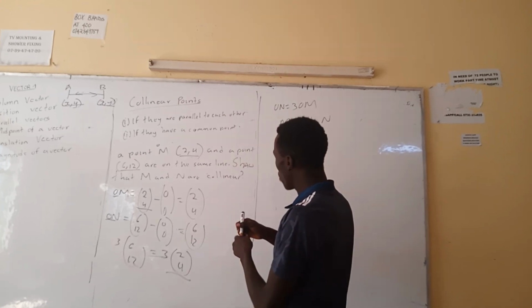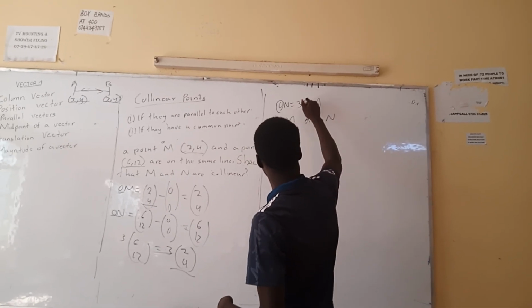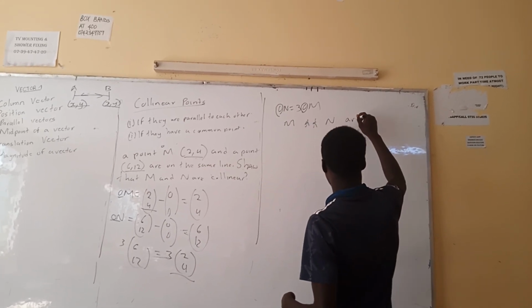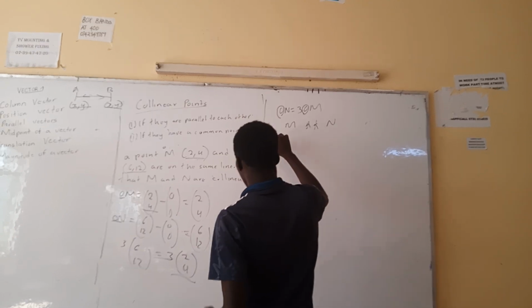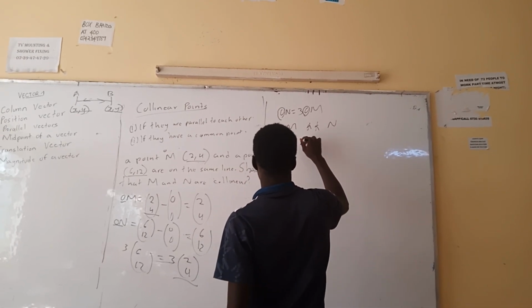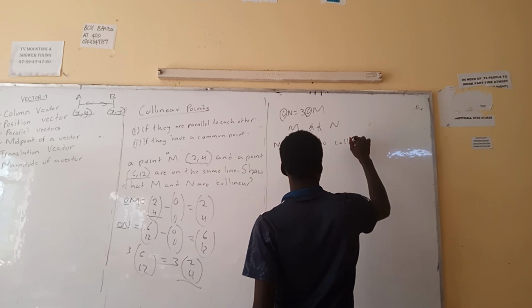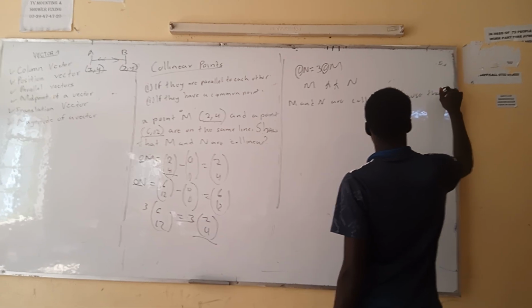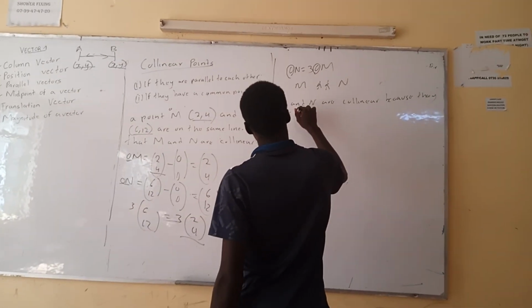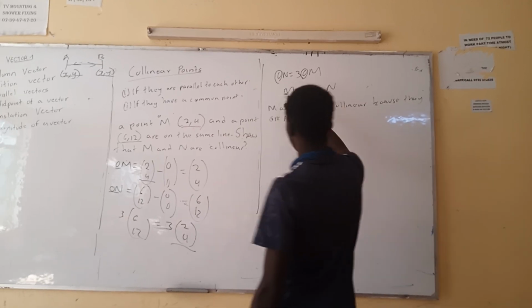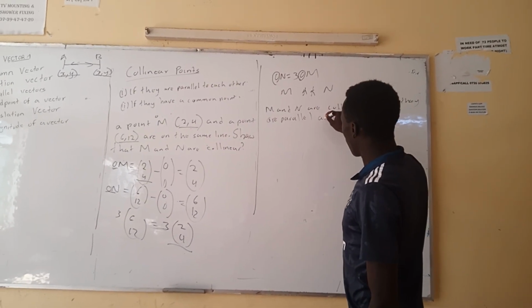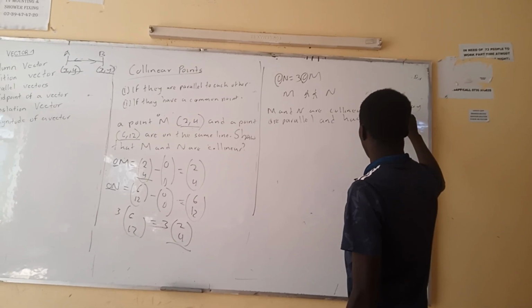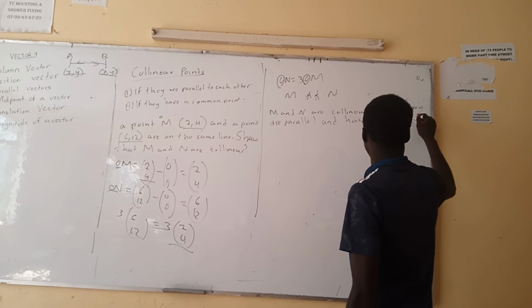They share this common point here, origin O. So my final conclusion will be M and N are collinear because they are parallel. They are parallel because we have done a proof, and this is the proof. They are parallel to each other and have a common point, so O.